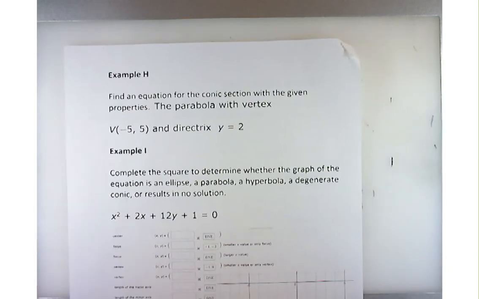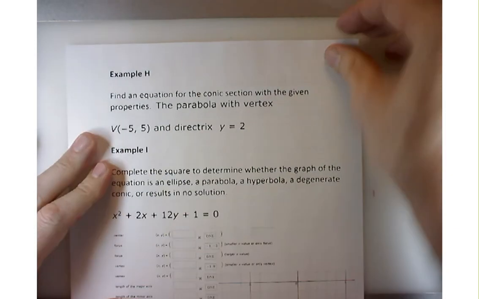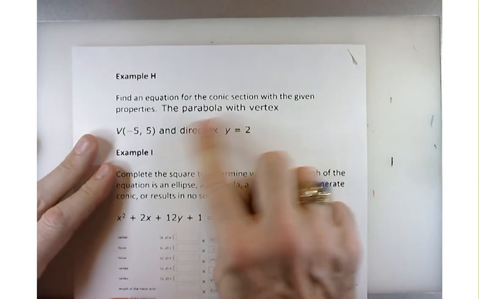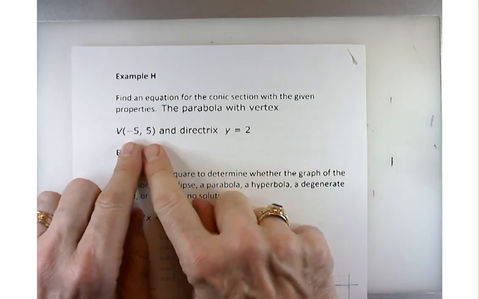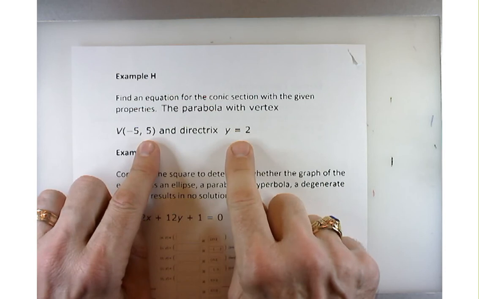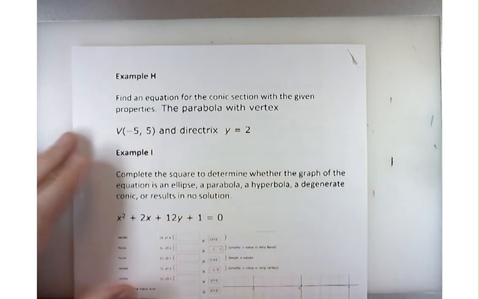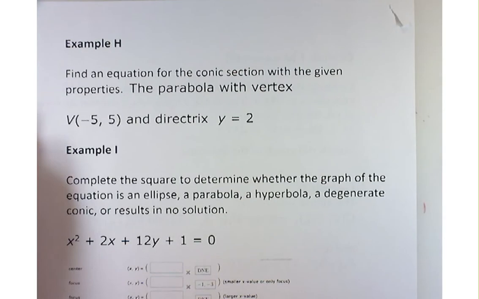That's this one. It says find the equation for a conic section with the given properties. You got a vertex at -5 and 5 and a directrix at y equal 2. Well, what's a directrix at y equal 2 going to look like? What's a line y equals 2 going to look like? Anyone? Yeah, it's just going to be a horizontal line.